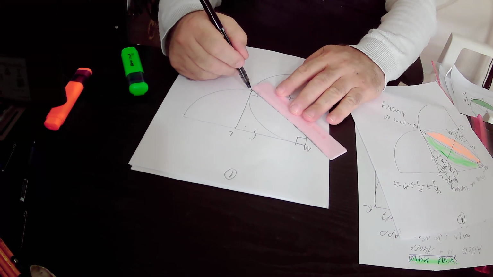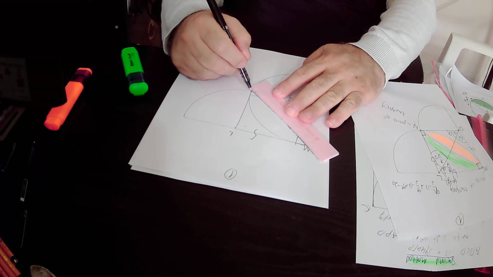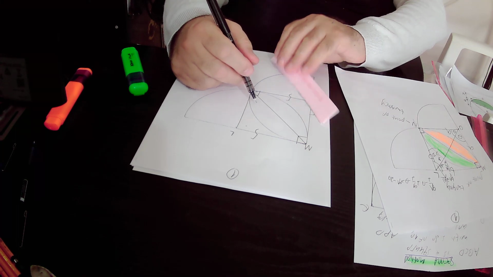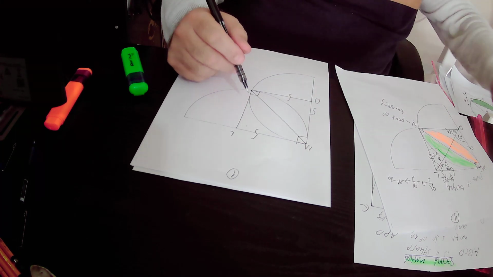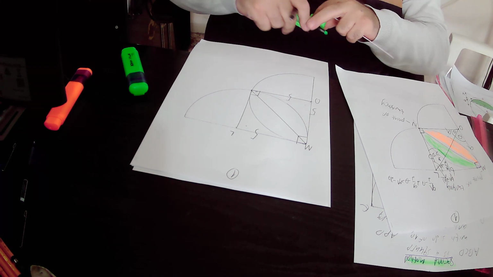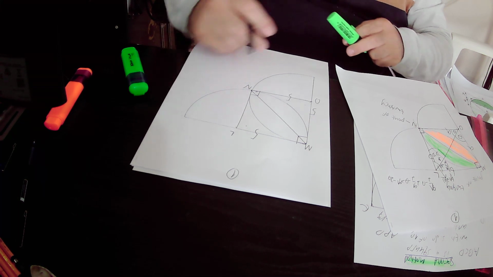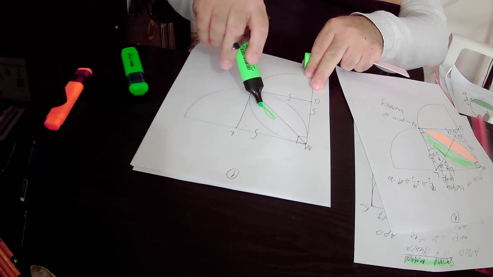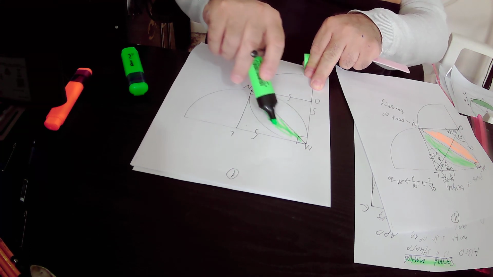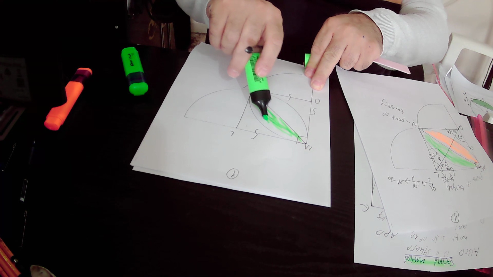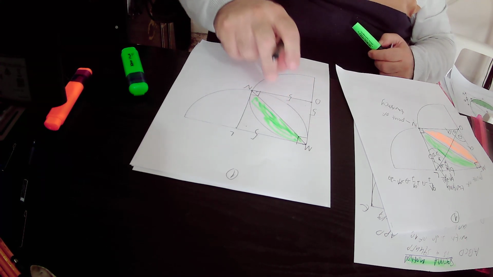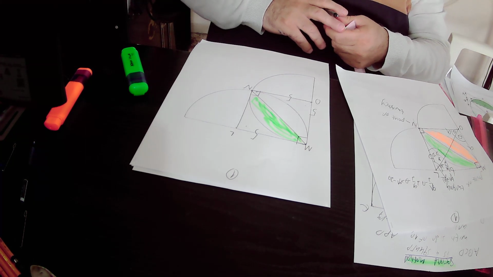We divide the blue lens into two parts. Each part is a circular segment. We'll find the area of the upper circular segment MN, then we will multiply it by 2, and in this way we'll find the area of the blue lens, because those two parts are identical, therefore they have the same area.